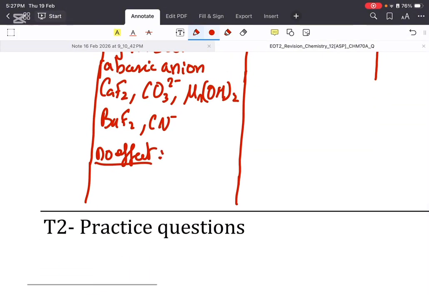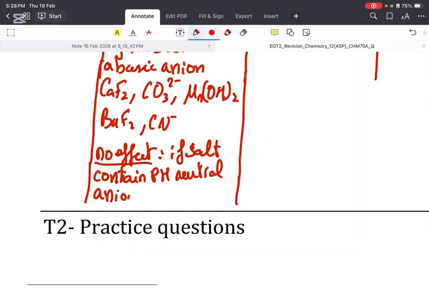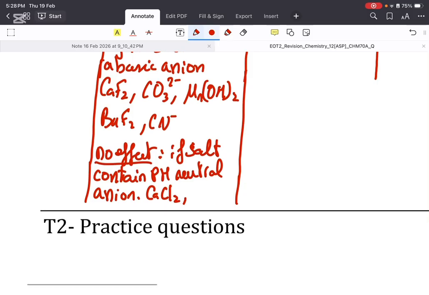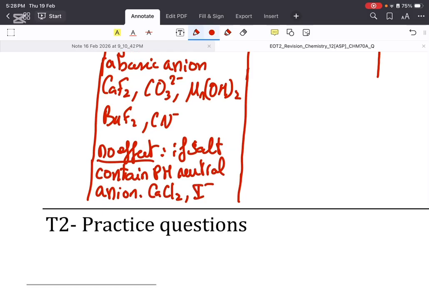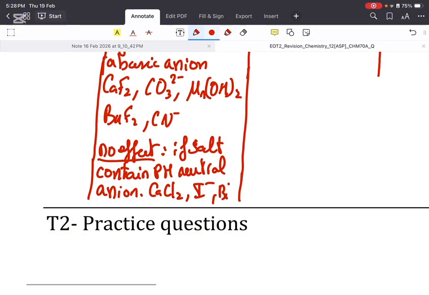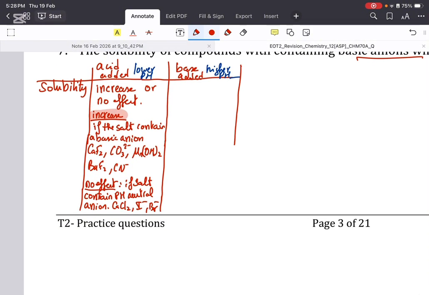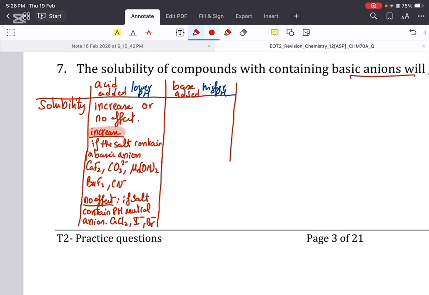Now, the solubility will not change if an acid is added if the salt contains a pH neutral anion, for example CaCl2. That's neutral, Cl is neutral, or it has an ion like I minus or Br minus, etc. So these ions are pH neutral, and at this point you will say that the solubility will not change.